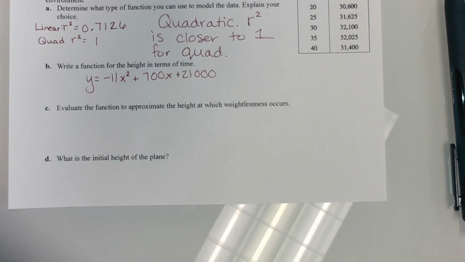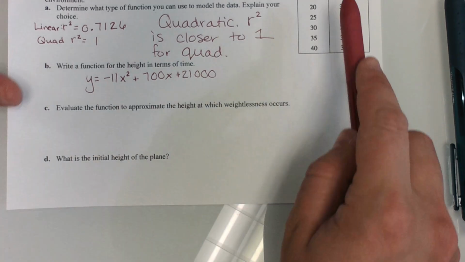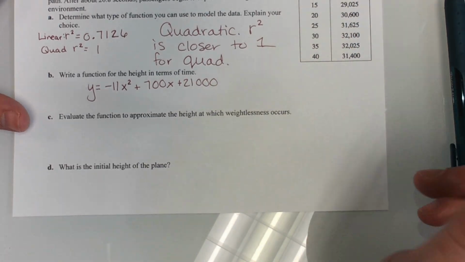Now, there's one tiny little glitch we got going on here, and it's not actually a glitch, it's just one issue. What variables does this problem use? Nope. That's the form that uses a, b, and c. It uses t and h of t.